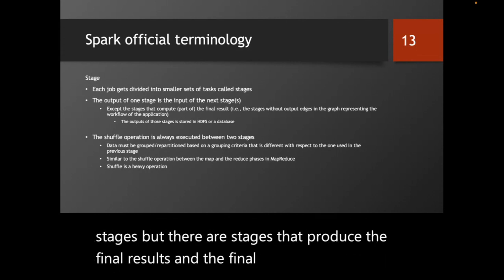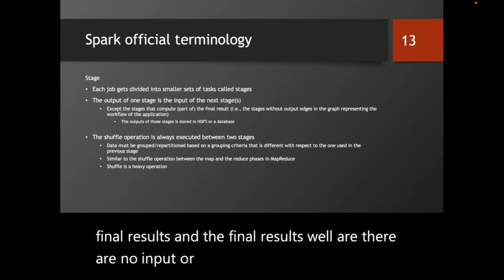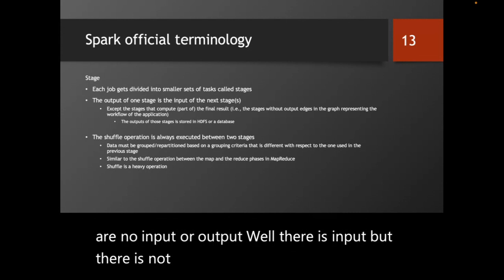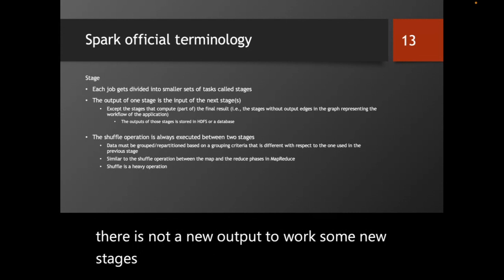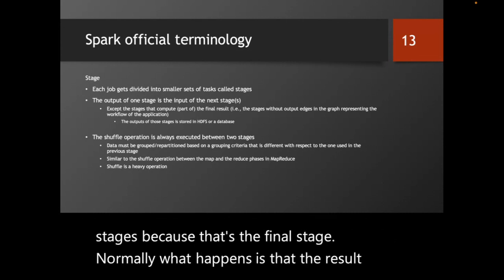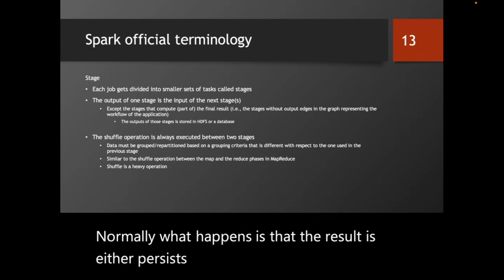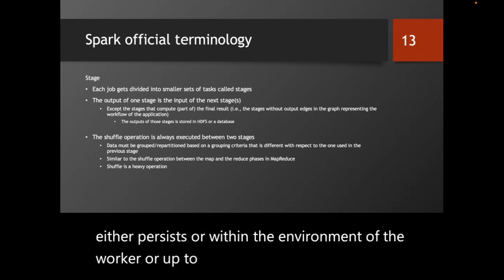There is input, but no new output towards new stages, because that's the final stage. Normally the result is either persisted within the environment of the worker or sent up to the driver.